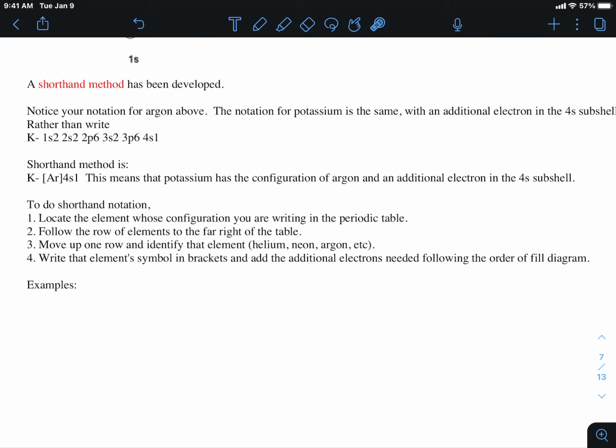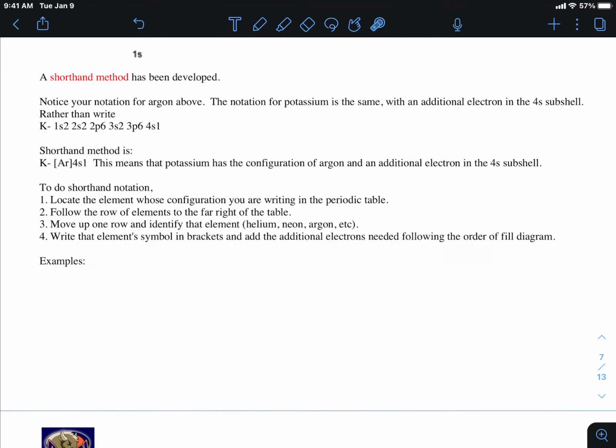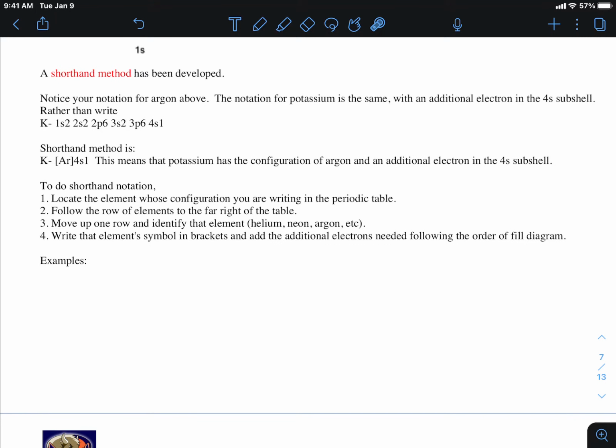Okay, so the shorthand method is a quick way of writing an SPDF notation with less writing, kind of like how scientific notation shortens a number depending on how many zeros there are.